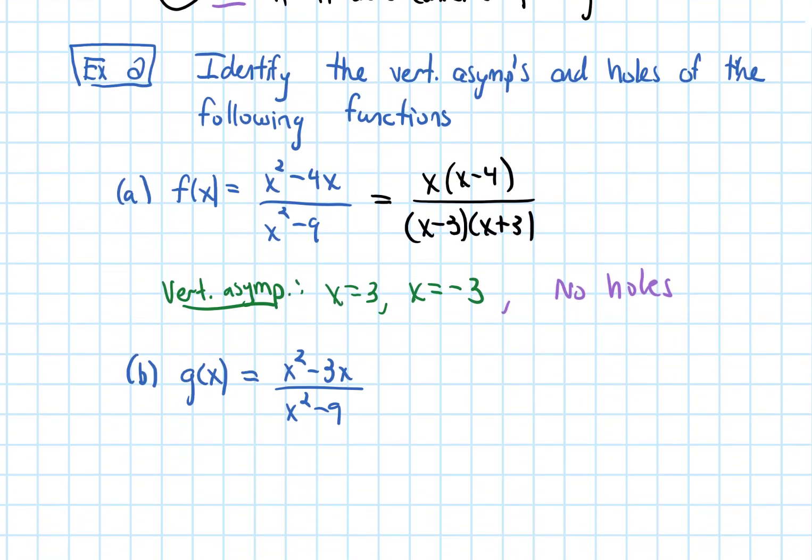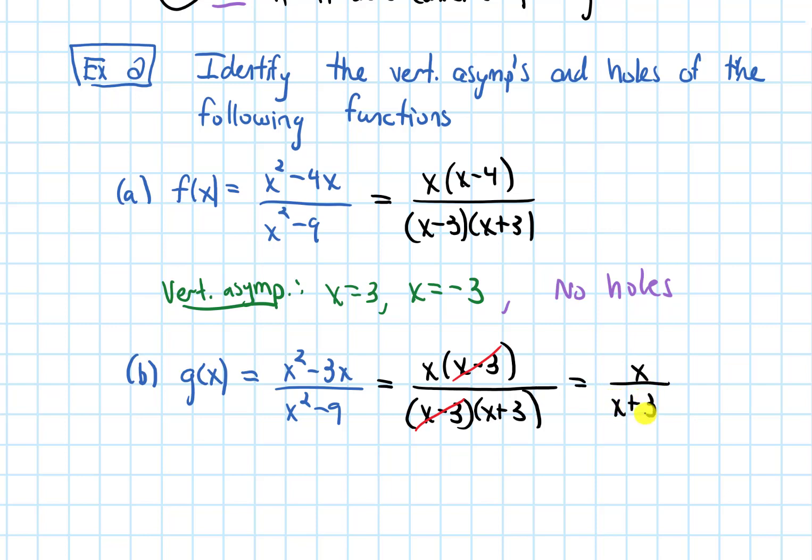Let's look at part B now. Let's also factor this. It's very similar. I get x times x minus 3 on the top, and on the bottom, still a difference of squares, x minus 3 times x plus 3. If I think back to my algebra pre-calc review, one of our earlier videos from the course, I can cancel the x minus 3's on the top and bottom, and what we're left with is x over x plus 3. But I can't forget that because I cancel the x minus 3, there's a domain restriction. When I simplify a function, the domain of it better not change.